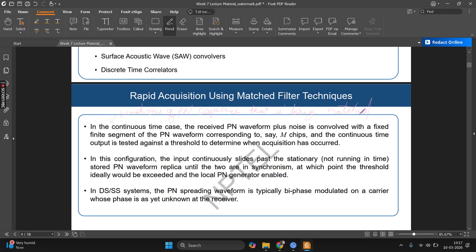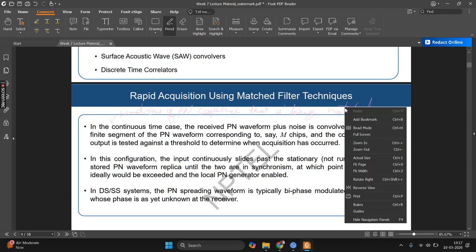The window of the input will continuously slide against the window of the generated PN sequence replica, and if that window matches, we can say that the entire thing has matched, and we will go along with that.